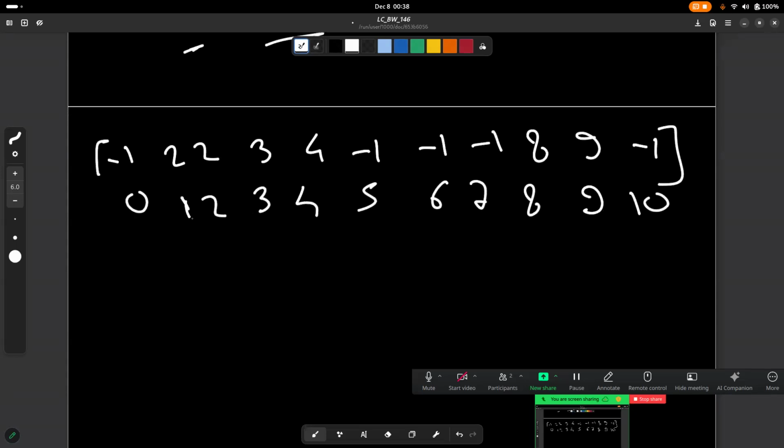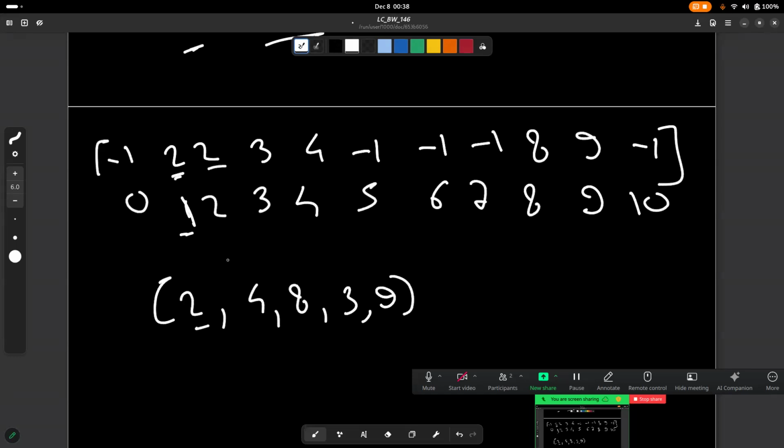This implies that 2 is the smallest multiple of 1 that is present in our array 2, 3, 8, 2, 3, 2, 4, 8, 3, and 9. 2 is the smallest multiple of 1. 2 is the smallest multiple of 2. 3 is the smallest multiple of 3 that's present in our array. 4 is the smallest multiple of 4.